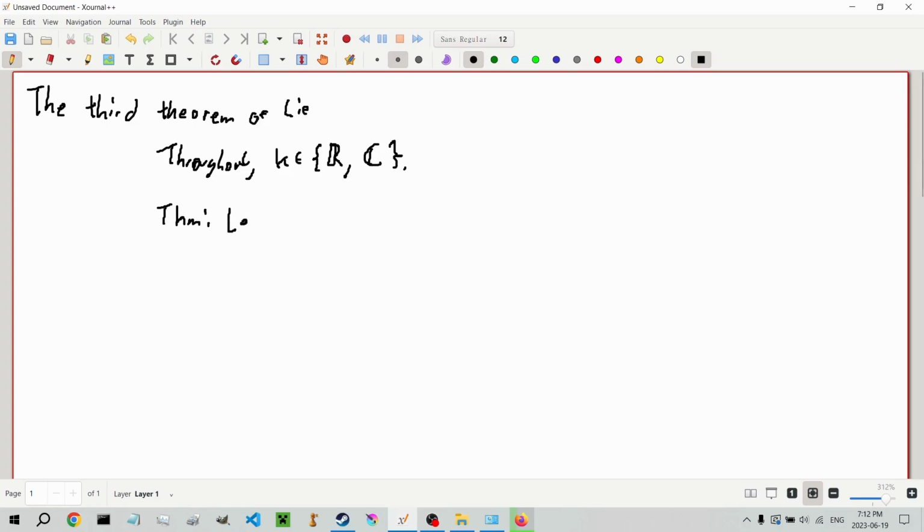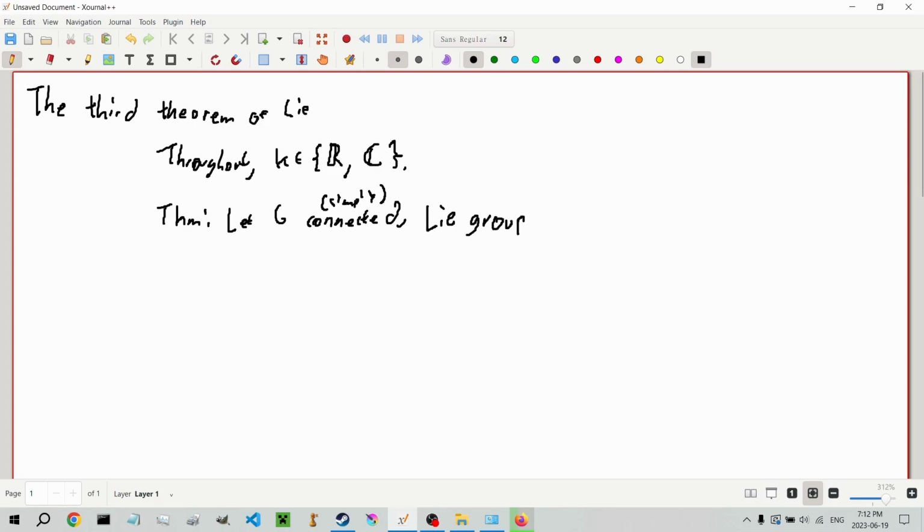So this one says let G be a connected, also can be simply connected. I don't know why they said connected and then simply connected. Lie group. Ignore that weird comma.